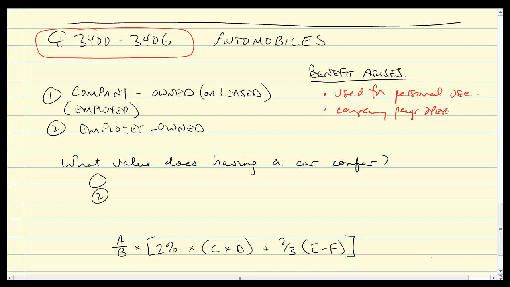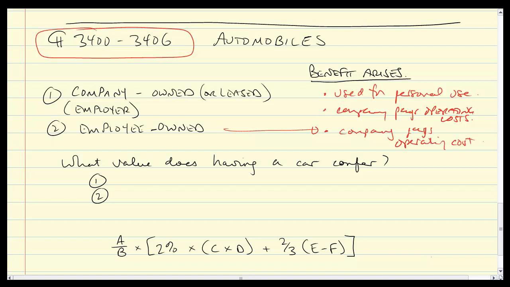So if the company says, yeah, it's our car and we're going to pay for the gas and the maintenance, then for sure that's there. But in employee-owned, really the only way you can get a benefit here, because you're paying for the whole thing, is if the company pays for the operating costs. That's really the only way that benefits can arise here.